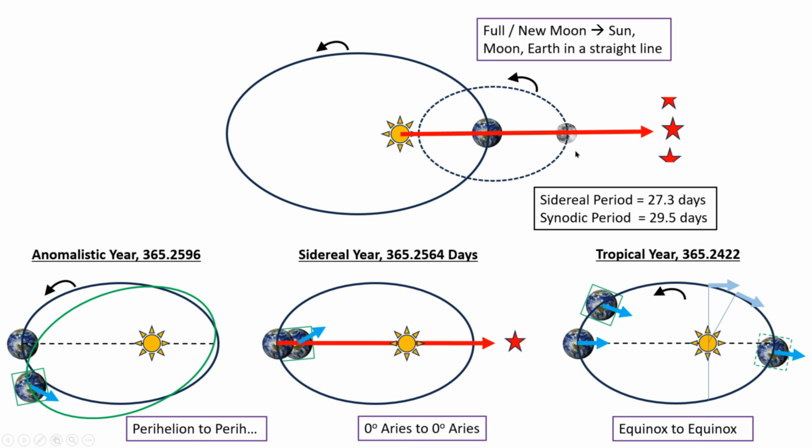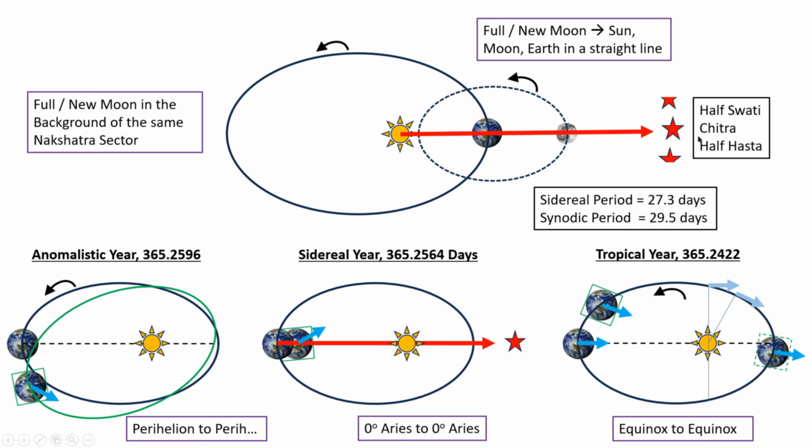So if we extend the straight line, we can also note that there are these distant stars in the background of the full moon. In the Hindu lunar calendar, each of these star sectors is associated with a name, and the names of these star sectors are used to name the full moon, to identify it.